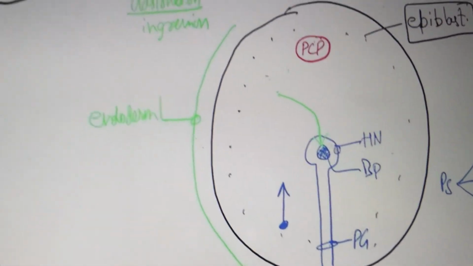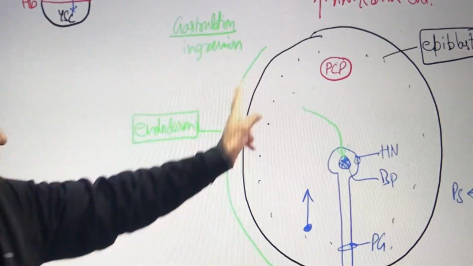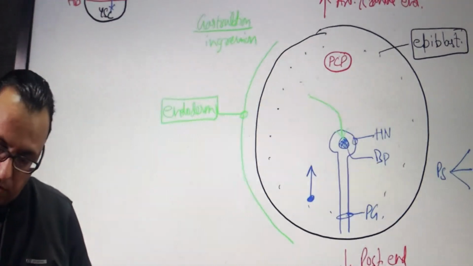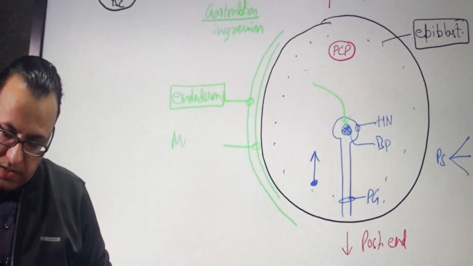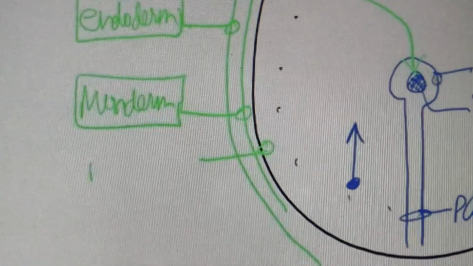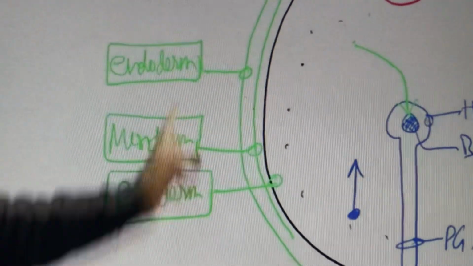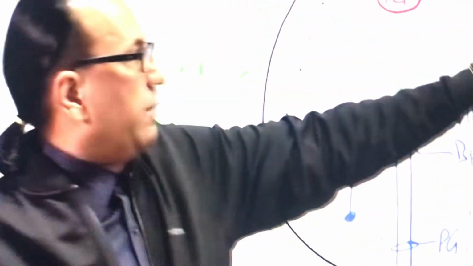But they continue moving downward and then form another layer, which is the middle layer, the mesoderm, which you can show here. And then the epiblast cells which are not migrating at all will be converting themselves into the ectoderm. Formation of three germ layers in the third week by a cell which is called the epiblast cell.